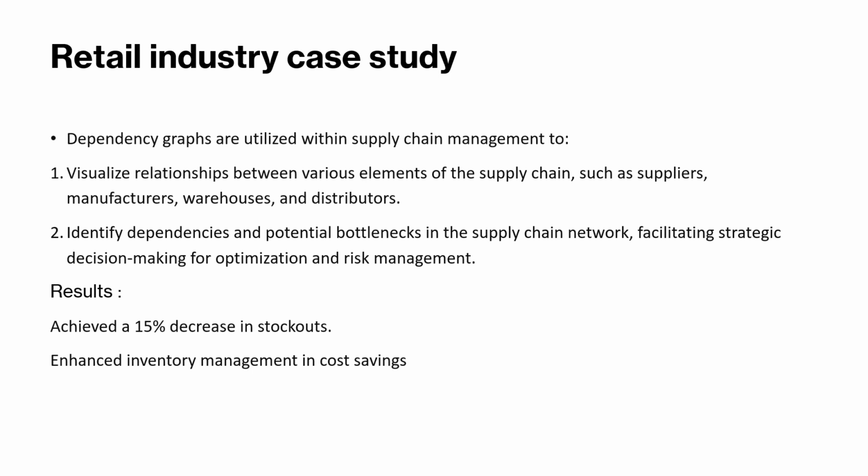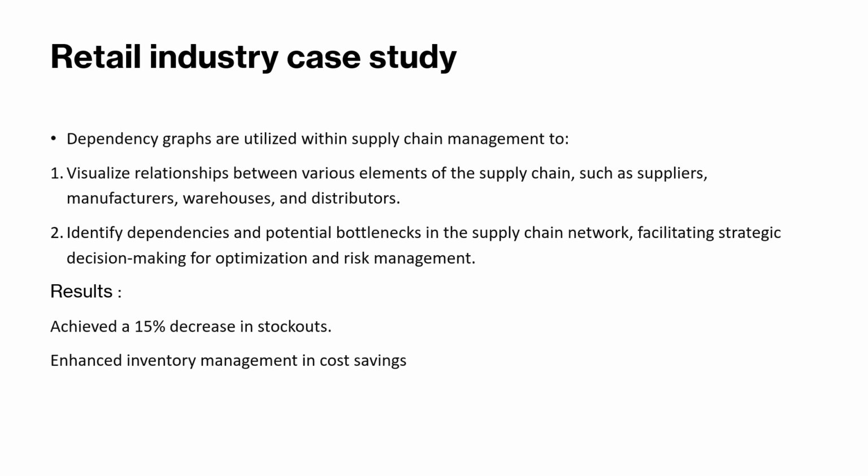Retail industry case study. In this case, dependency graphs were utilized in a supply chain management tool to visualize the relationships between various elements of the supply chain, such as suppliers, manufacturers, warehouses, and distributors.